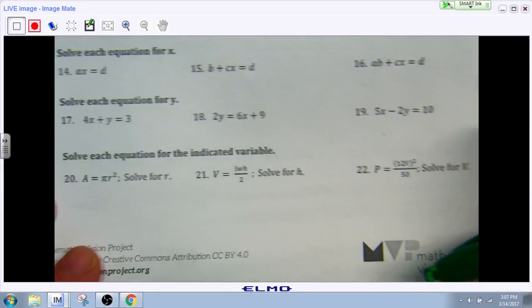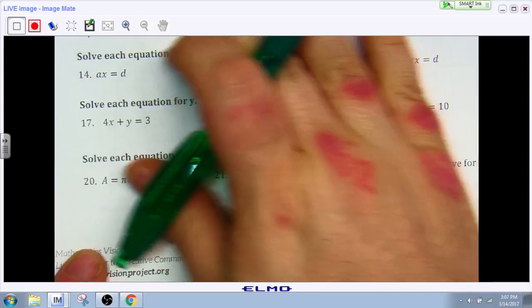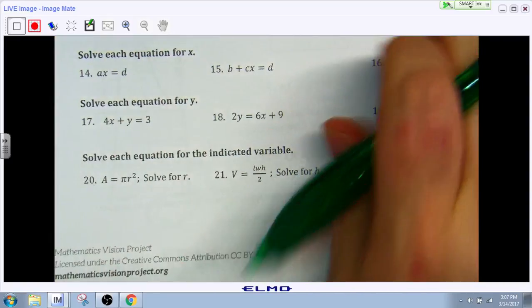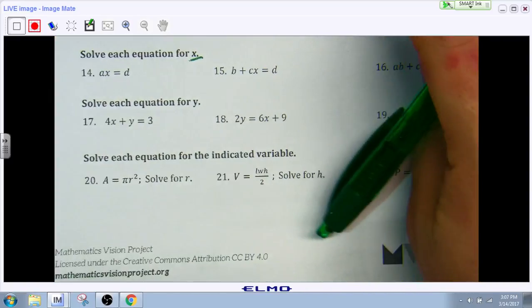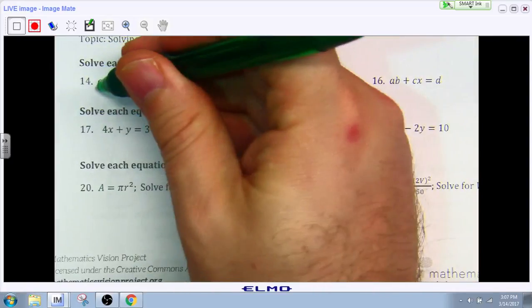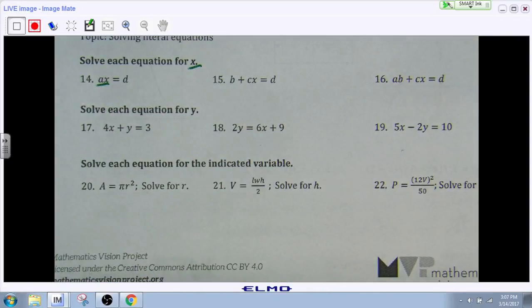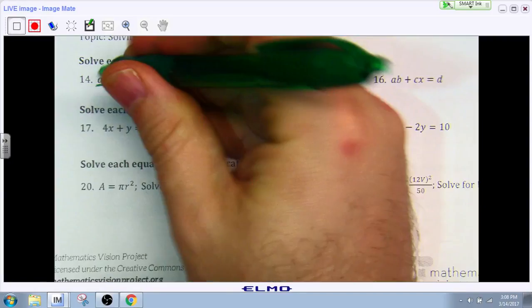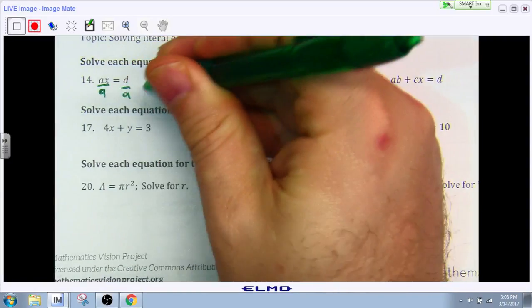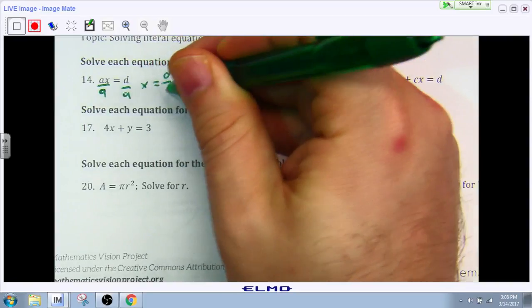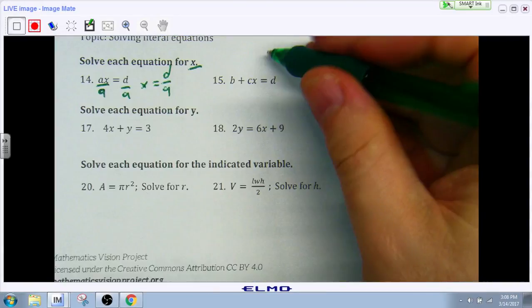And then finally, we're solving literal equations for x. And to solve a literal equation for x just means to get x by itself. So when I look at this, I see that x is not by itself. It's being multiplied by an a. I'm going to undo multiplication by dividing both sides by an a. So x equals d over a. Done. Same thing here.